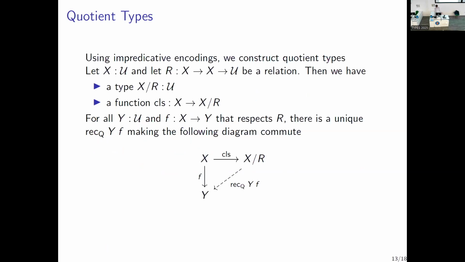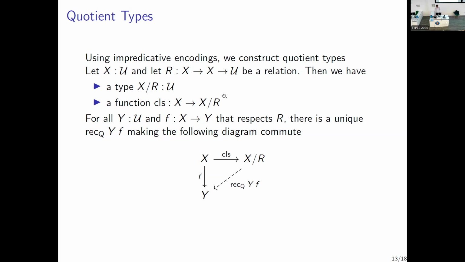I can discuss quotients using all kinds of imperative encodings, but time is limited, so I'll just say what we get. We can construct quotient types given an X in U and a relation valued in the imperative universe, using imperative encodings again, and what we then get is a quotient in U.